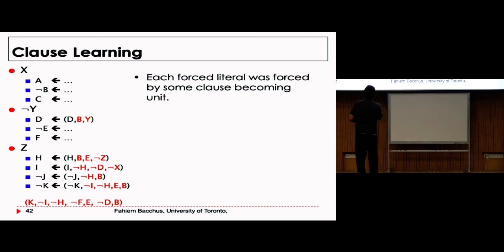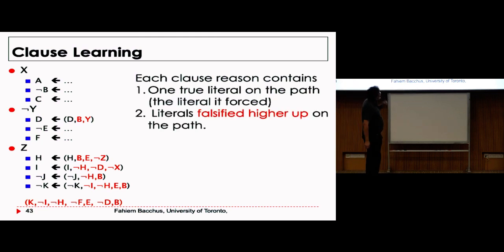So if, for example, we take a look at this clause here, these are all being falsified, and this clause became unit, forcing that. Okay? So what we see then is that the clauses that are falsified in each of these units appear above K in the trail. In other words, they were falsified before you implied K. And that means that you always go upwards. And that's an important constraint. Okay?